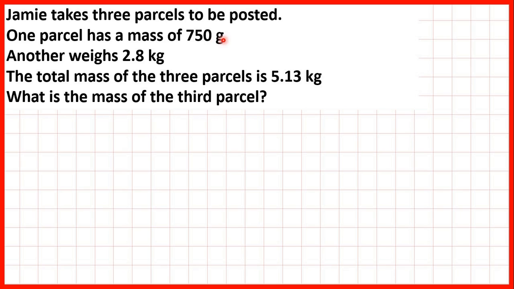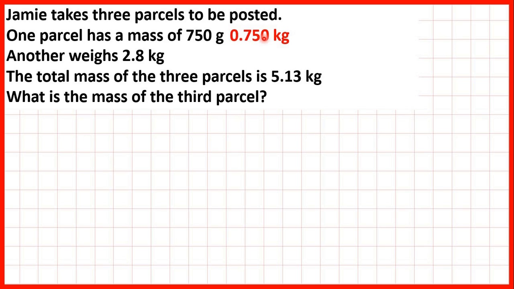So that means we can write 0.750 kilograms because to divide 750 by 1,000, we can imagine the decimal point on the end and then move it 1, 2, 3 places to the left. And then because the decimal point is now in front of the 7, we just need to write 0 as our ones digit.